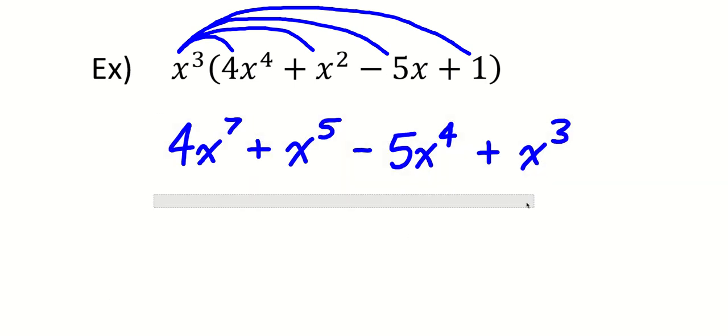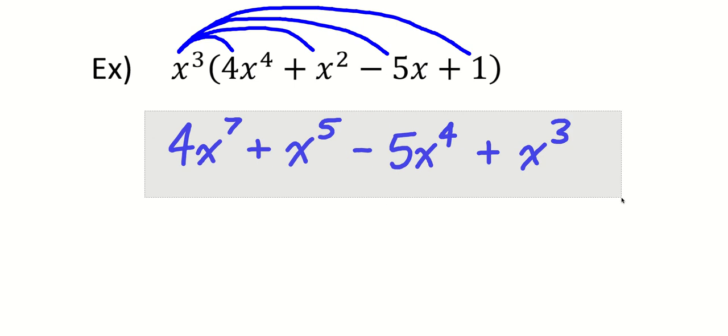And we're done. I guess I haven't reminded you or brought up the technicality of, remember, you're not done simplifying unless, what am I trying to say here? You have to check to make sure there's no like terms, okay?